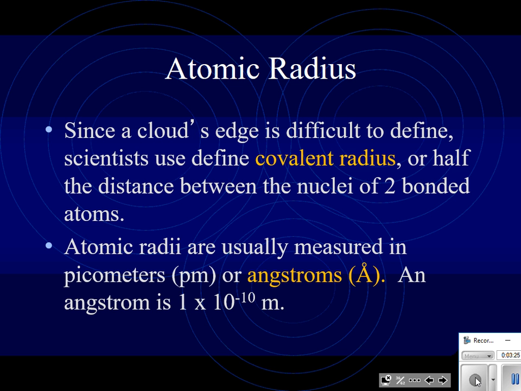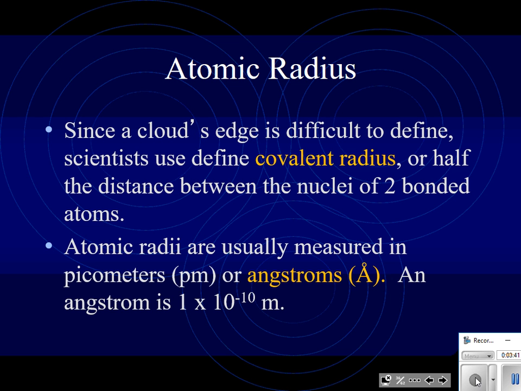Okay? It's a little easier for us to find the nuclei of two bonded atoms than the edge of the cloud. So they take the radius between those two different nuclei.